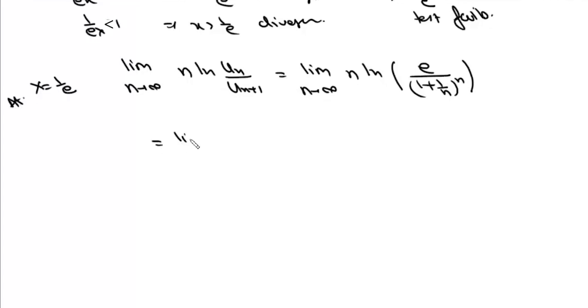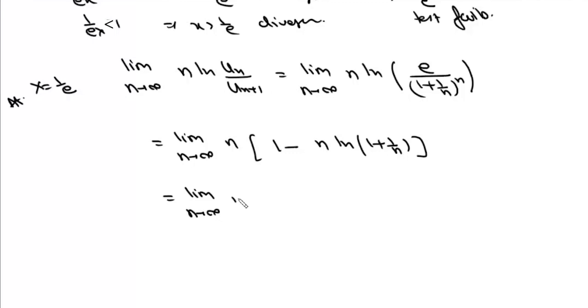Now we can write this limit as, n tends to infinity, now here we have this n. Now log e is 1 and minus, we'll take this power out, n log(1 plus 1 by n). Now this is the limit n tends to infinity of n times (1 minus n log(1 plus 1 by n)). Now we can use the series expansion for log(1+x), so it will be x minus x square upon 2 plus x cube upon 3, and it will continue up to infinity.